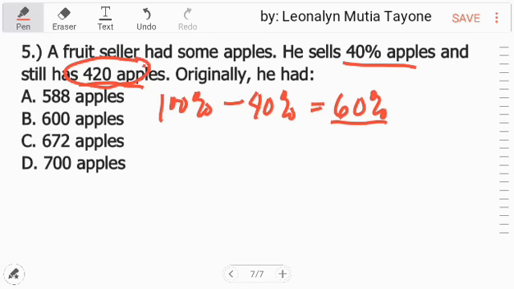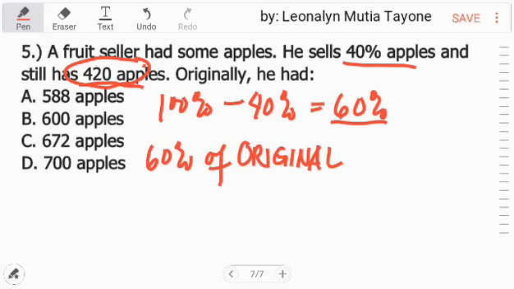So, i-revise para mas madali siyang sagutan at tandaan nyo yung paano tayo nag-solve sa question number 1 to 4. I-revise natin yung statement natin or yung sentence natin. So, 60% of the original number of apples is equal to 420.